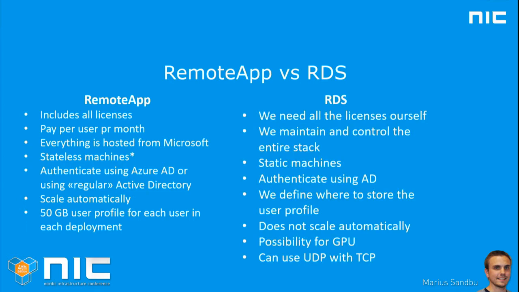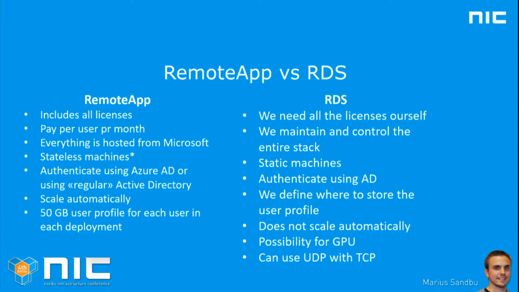With traditional RDS, we need all the licenses ourselves. We need to install the product key to activate user or device CALs in RDS. We maintain and control the entire stack, mostly. The machines are static, and we can decide how we want the user profiles to be stored: roaming, folder redirection, Citrix profile management, local profiles.